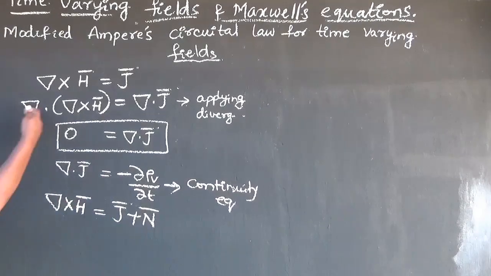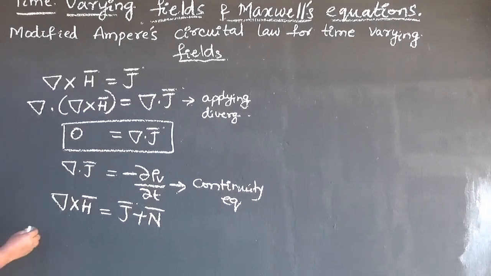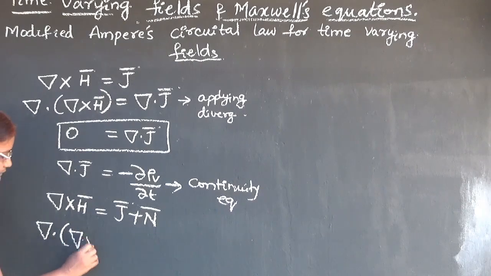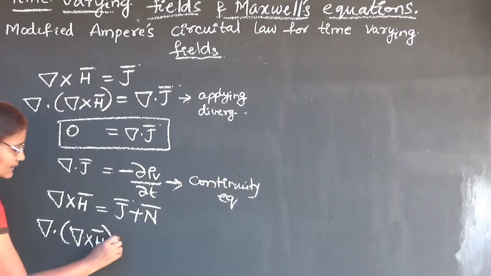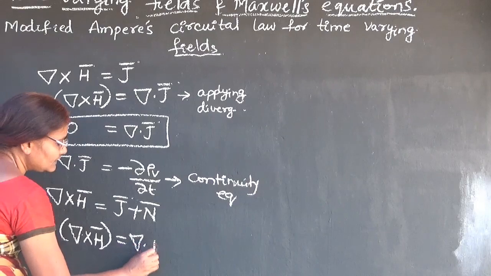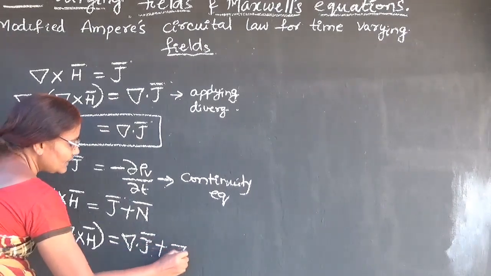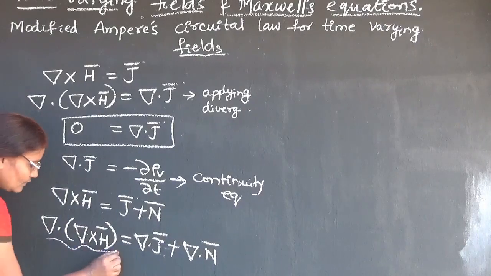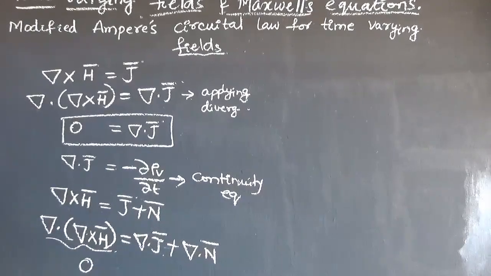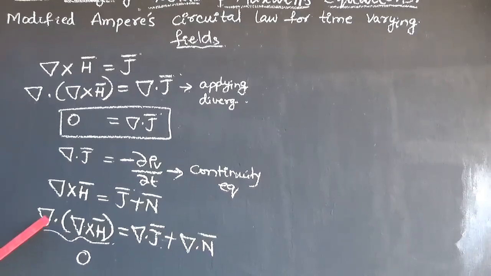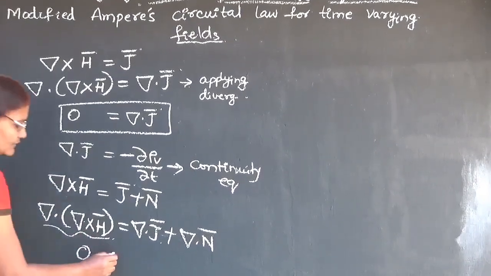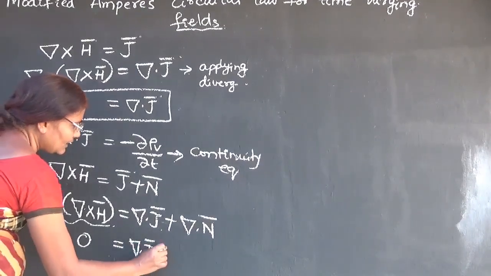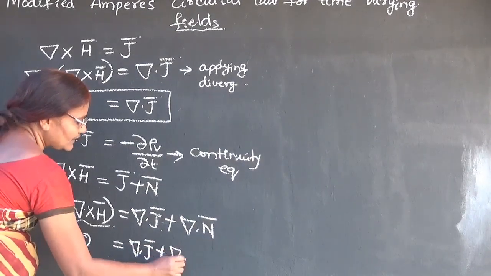Now we can apply divergence: del dot del cross H bar is equal to del dot J bar plus del dot N bar. The left side is 0, since using the vector identities the divergence of a curl is always 0.